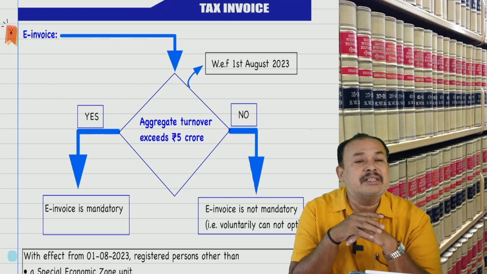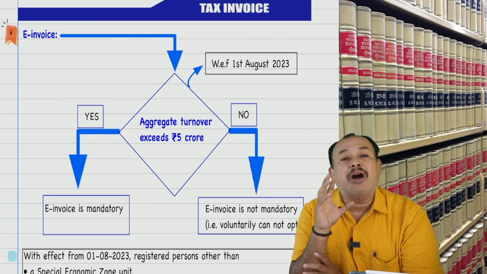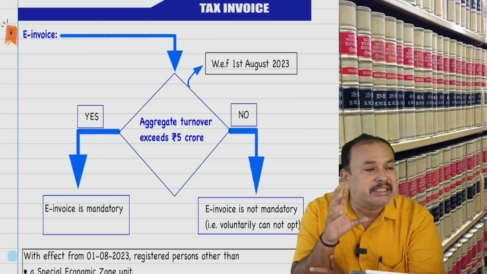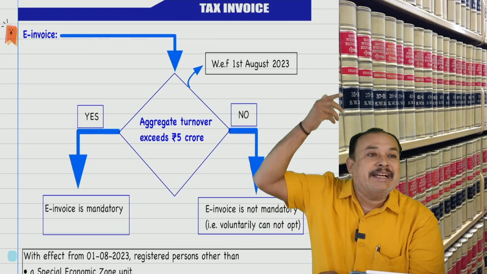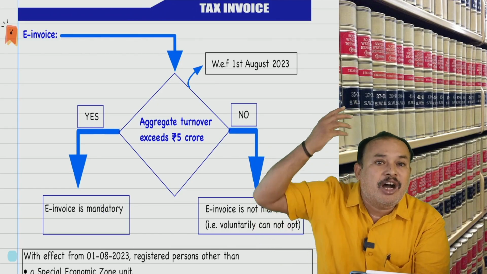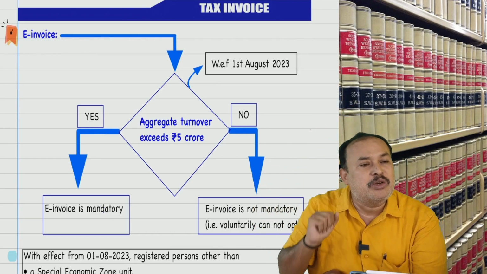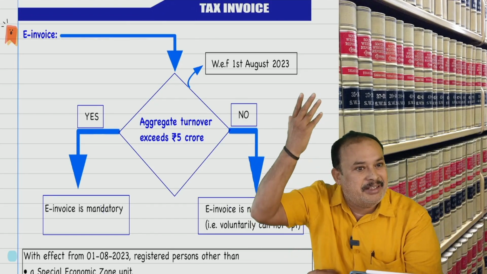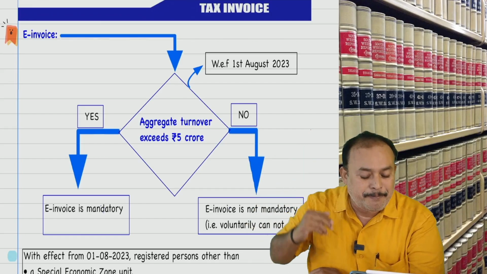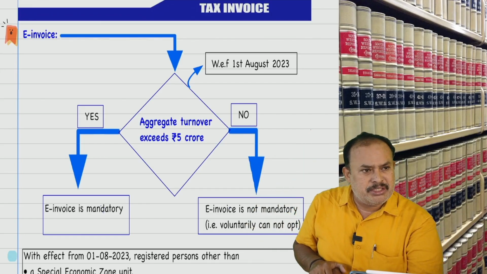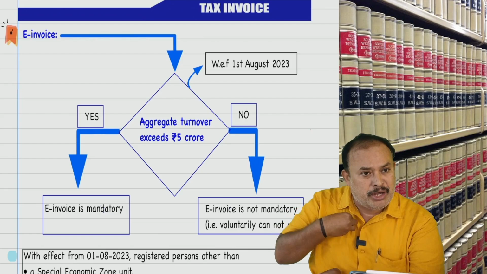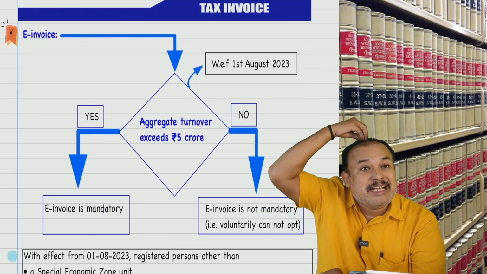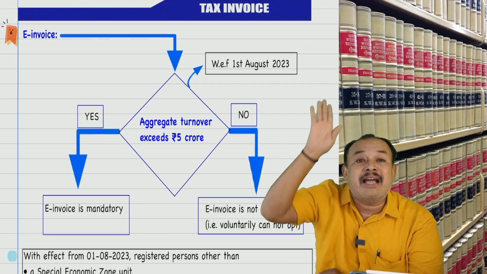Here they gave a limit: the taxpayer's turnover in the preceding financial year exceeded how much? 5 crores. 5 crores means 500 lakhs. Exceeded, not equal. Only if it exceeded 5 crores, then as a taxpayer you have to issue an E-Invoice, not a tax invoice.